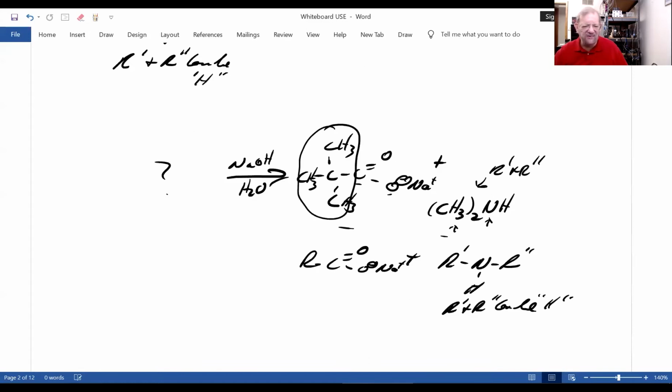These four carbons I'll call R, and therefore, what do you react with sodium hydroxide and water to get a carboxylate anion and an amine? And the answer is an amide.